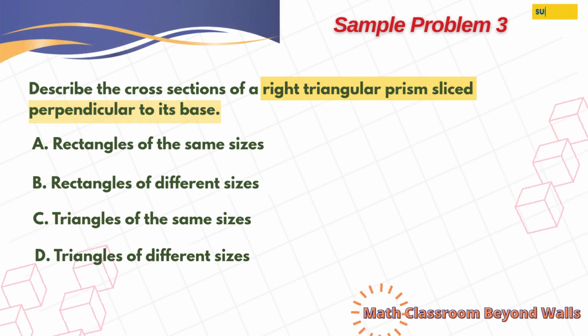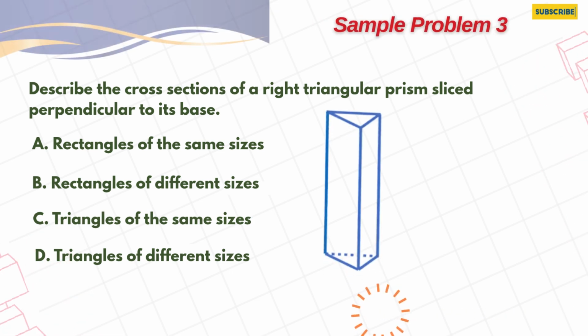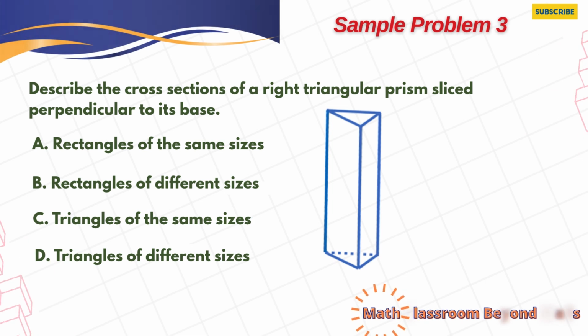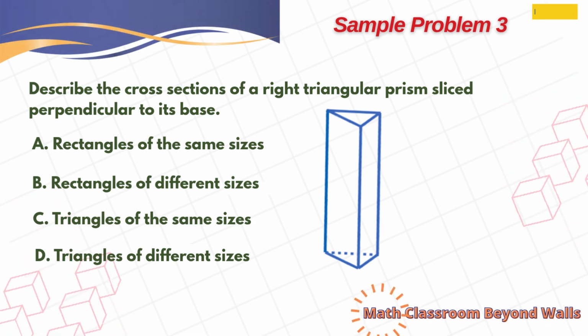Okay, so let us have the figure of the right triangular prism. The problem states that we have to slice the prism perpendicular to its base. Okay, let's do it.